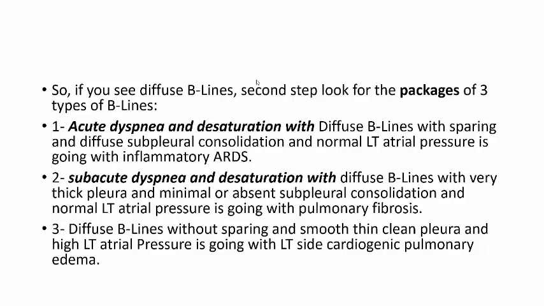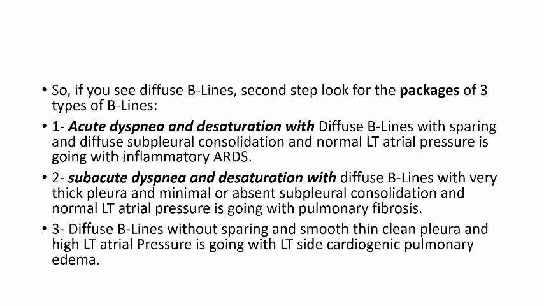It's very important. If it is an acute dyspnea, within hours, within days, and desaturation, by history, this rapid onset dyspnea is going with inflammatory, infectious causes, which go with ARDS and pneumonia.